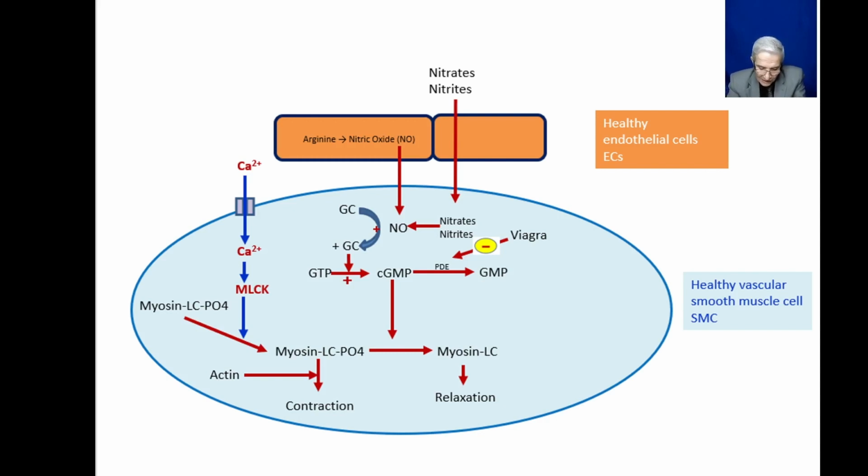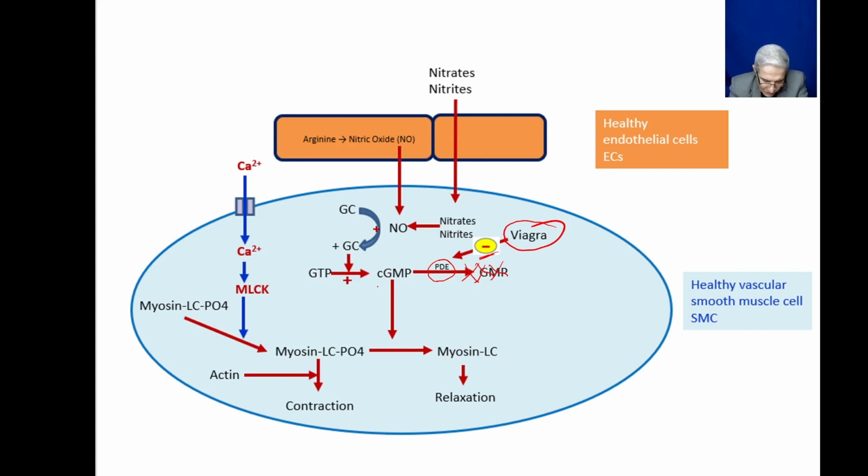Okay, again, we have another medication called Viagra or sildenafil. We are going to discuss that. They found that Viagra or sildenafil inhibits an enzyme called phosphodiesterase. When you inhibit this enzyme, this will prevent the breakdown of cyclic guanosine monophosphate.